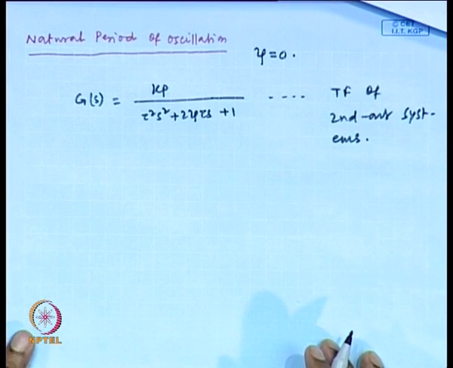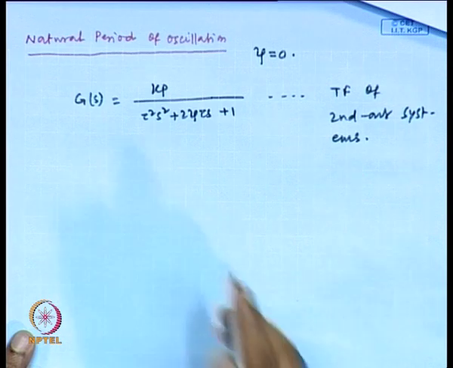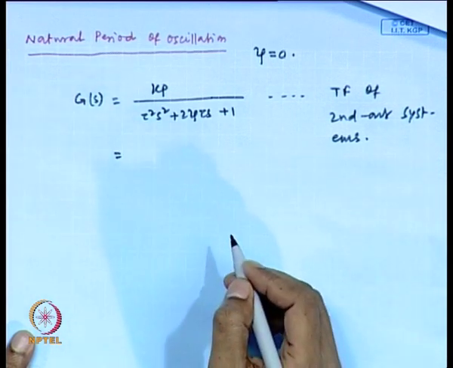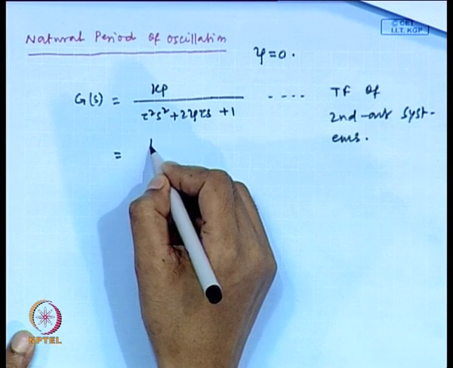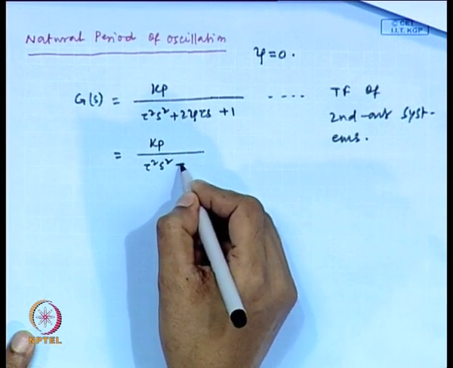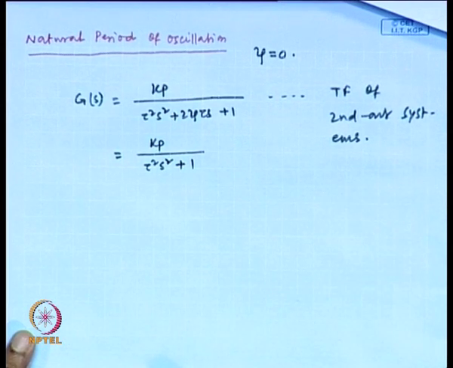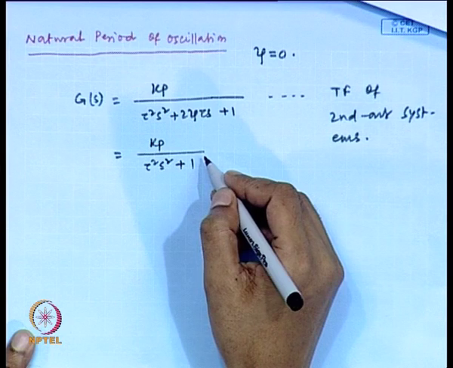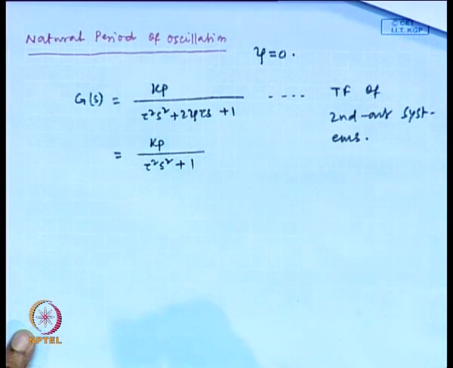Considering zeta equals 0, we get the transfer function k p divided by tau square s square plus 1.